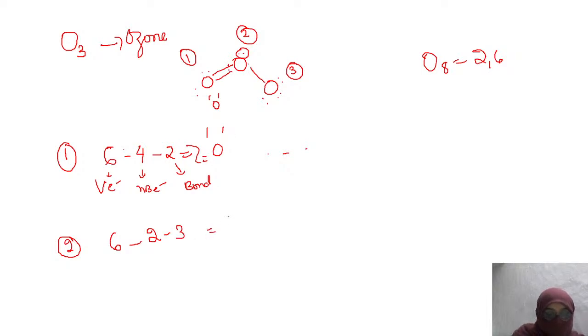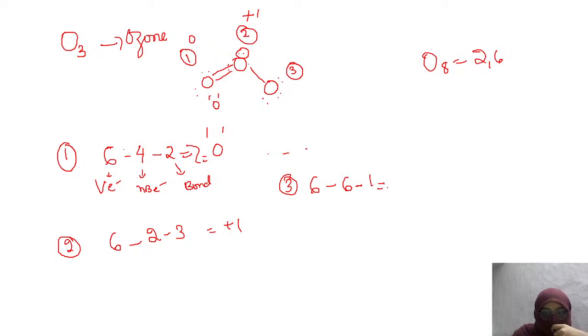So 6 minus 2 minus 3 gives plus 1. So the formal charge for the second oxygen is plus 1. Here I got 0. Let us calculate for the third oxygen. Valence electrons are 6 always. Here there are 6 non-bonding electrons, so 6 minus 6 cancels out. Still we need to write this here.